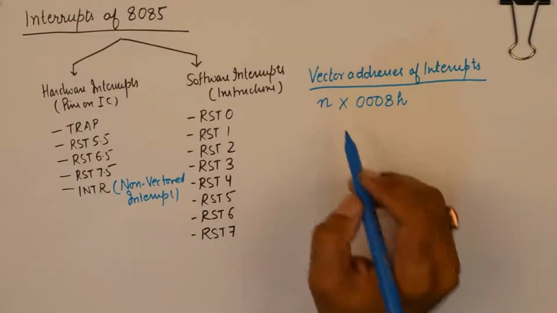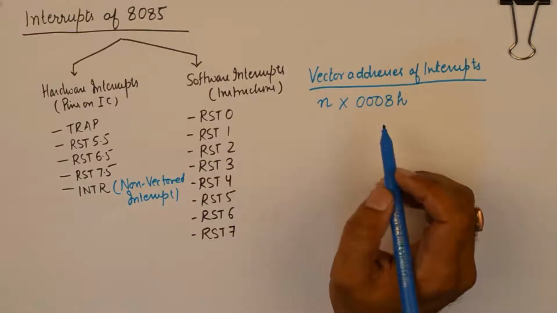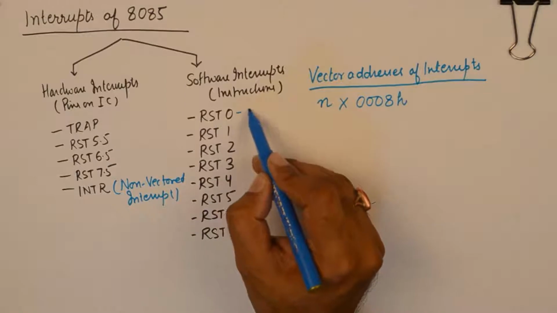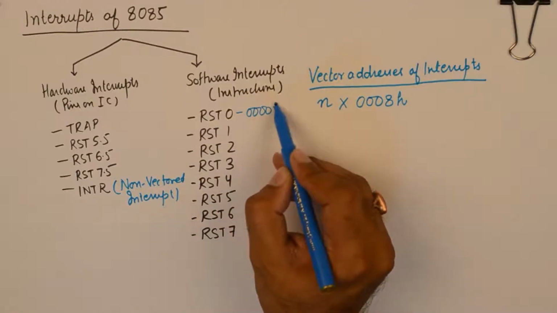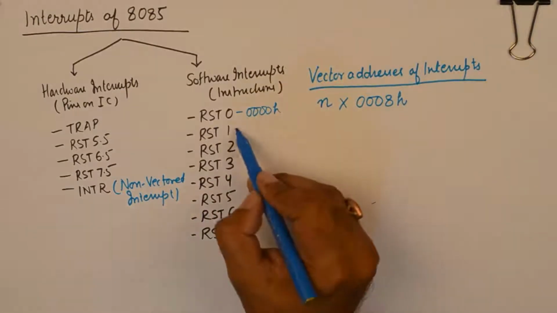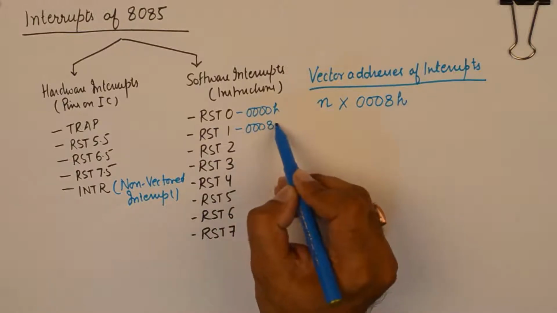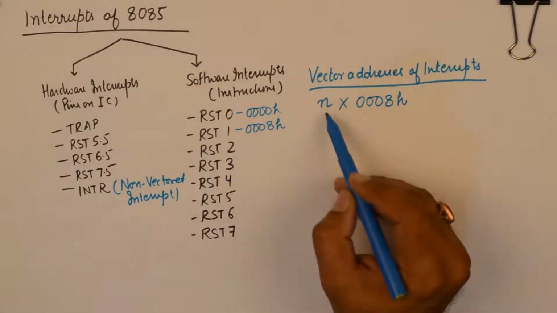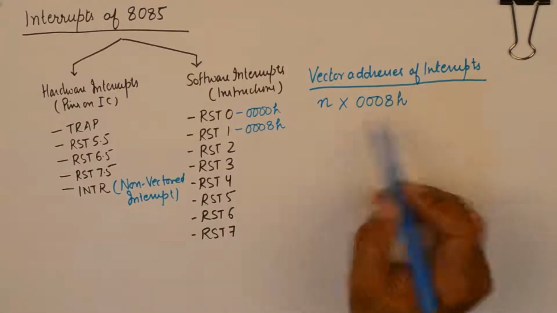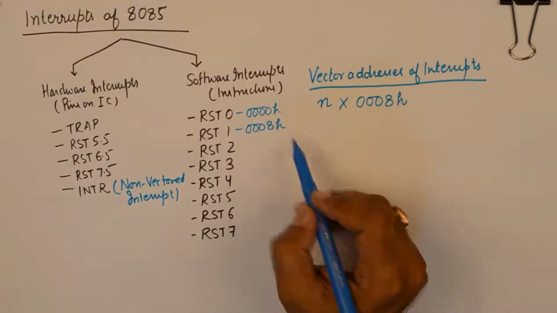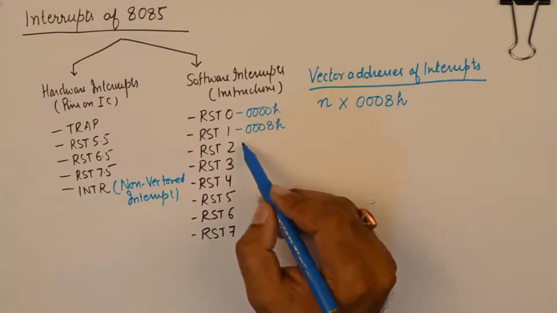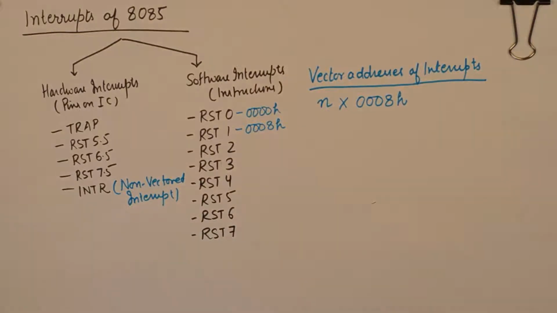So the vector address of RST 0 will be the starting location of the memory, and similarly this will be 8 registers away. 1 into 0008H would bring us here, and similarly they are 8 locations apart from each other.